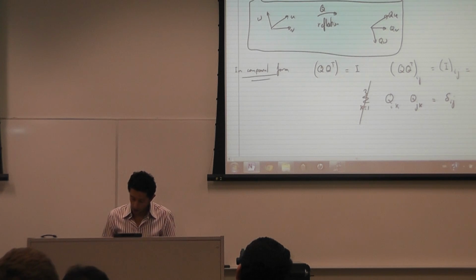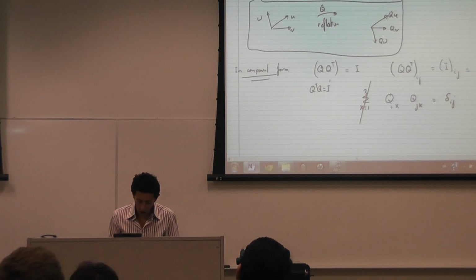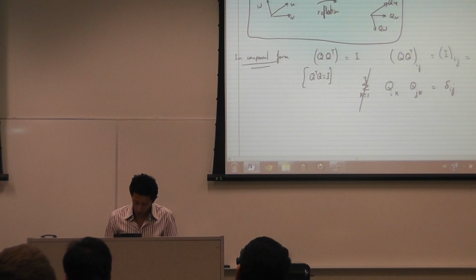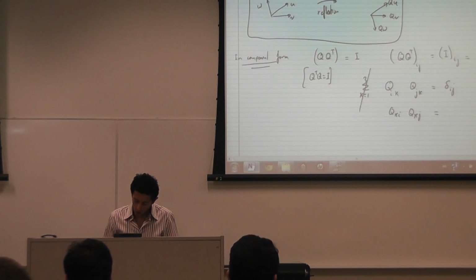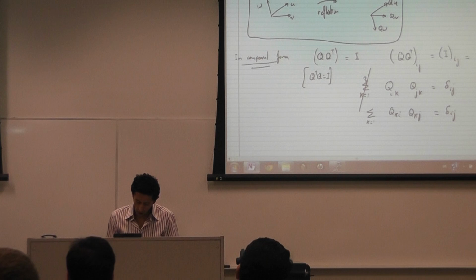And also, Q transpose Q is equal to I, which also means qki qkj is equal to delta ij. Again, summation over k.